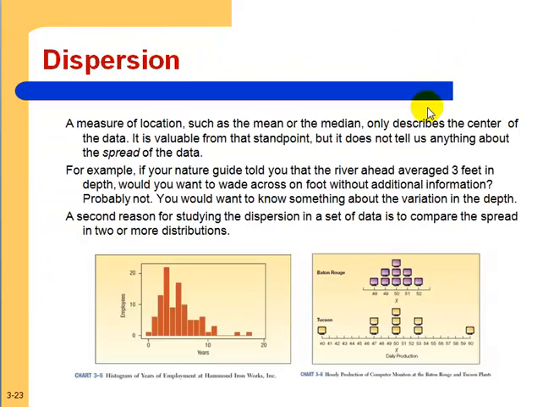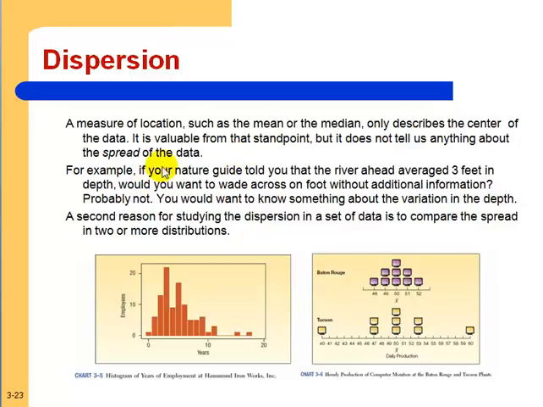Dispersion. A measure of location such as the mean or median only describes the center of the data. It is valuable from that standpoint, but it does not tell us anything about the spread of the data. Do you remember in the first several slides we talked about spread with the example of average annual salaries of internet-related companies and pharmaceutical companies?